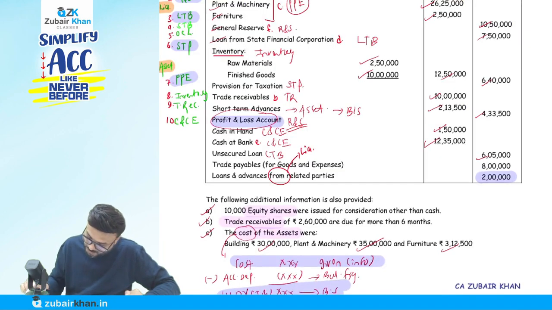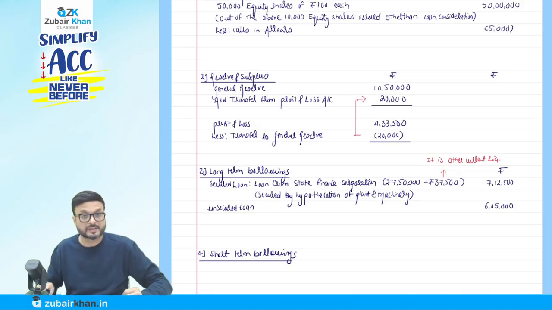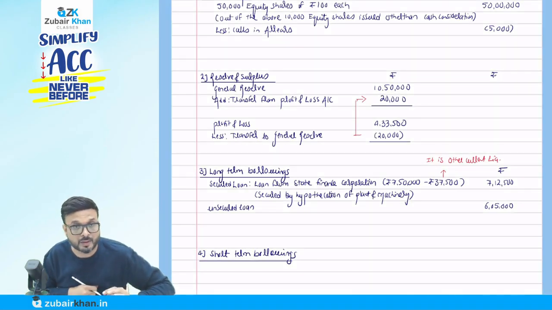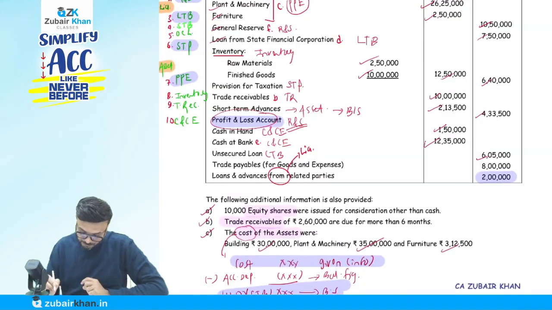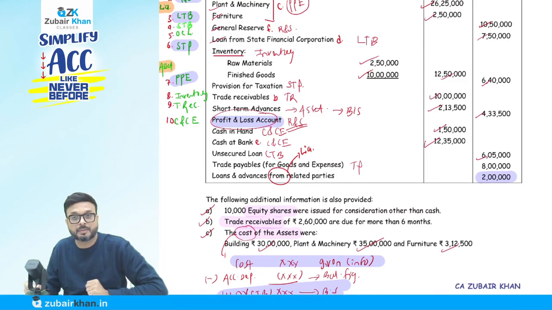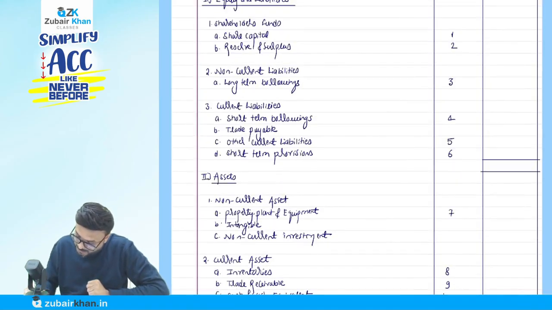How much is the amount? 6,05,000. Okay, done. Then we have trade payable. Trade payable will come in trade payable, no adjustment, 8 lakh. So write down in the balance sheet here, trade payable, 8 lakhs.